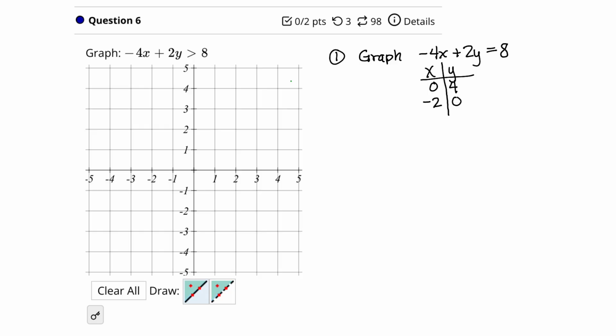Okay, so 0 on the x, 4 on the y, negative 2 on the y, 0 on the x. And is it going to be dotted or solid? You look at the symbol, and it doesn't have the equal sign, so it's going to be dotted.